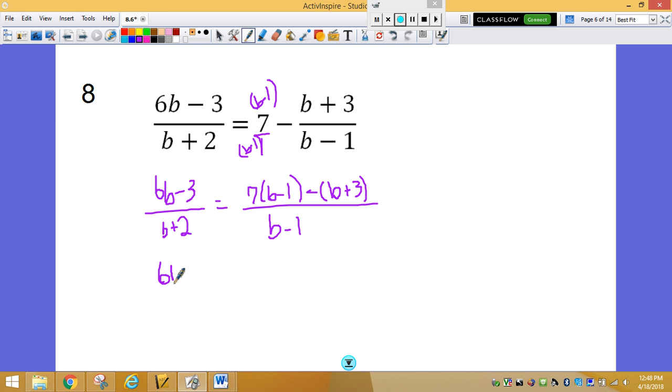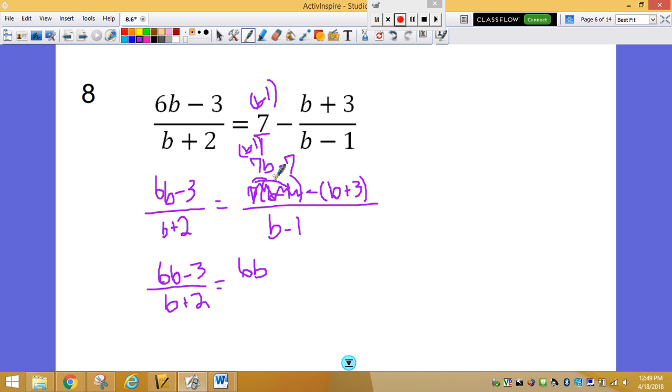Over here, this stays the same, 6b minus 3 over b plus 2. Here, I'm going to distribute, and I get 7b. Distribute, and I get minus 7. Okay? So I distributed there. Now I'm going to combine my b's. 7b minus 1b is 6b.